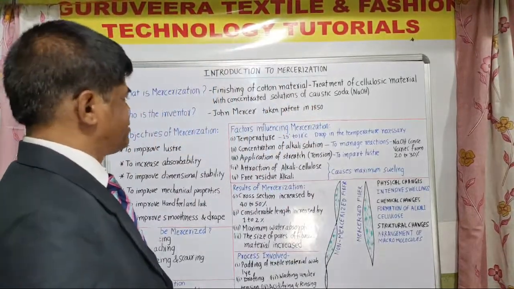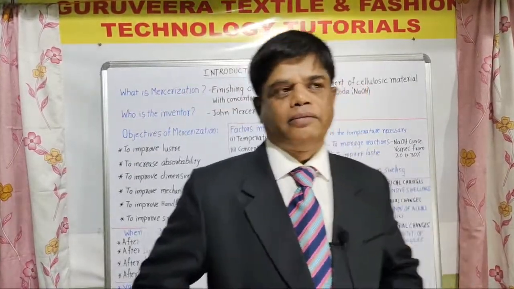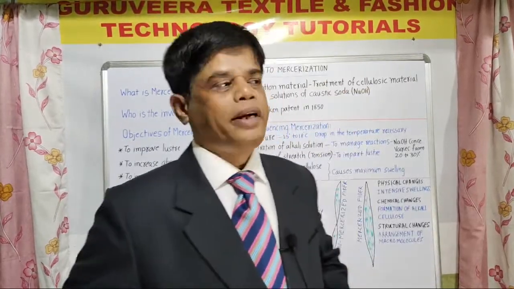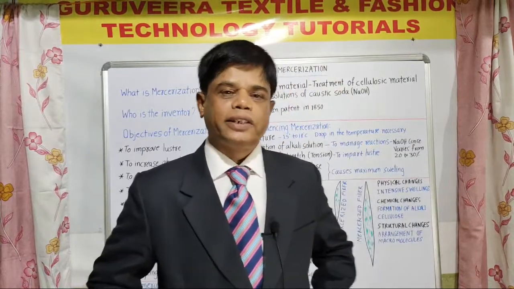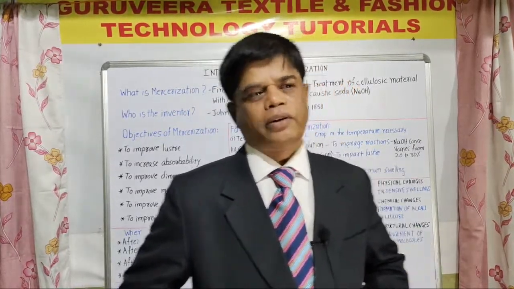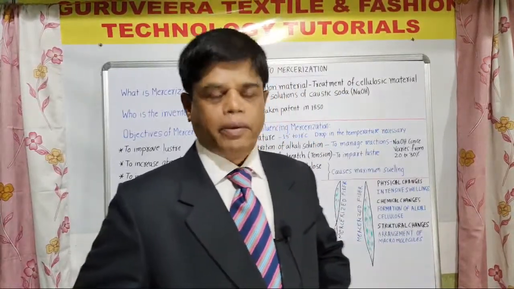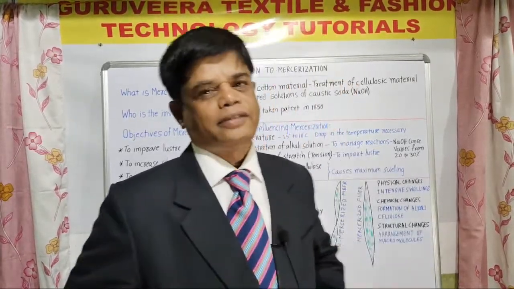Mercerization in 1850: the Englishman who is a printer, one of the printers who has a chemistry background, a chemistry educationist, has done some chemistry work. His name is John Mercer. John Mercer is a chemist, an inventor, and a calico printer of England, means British, right?